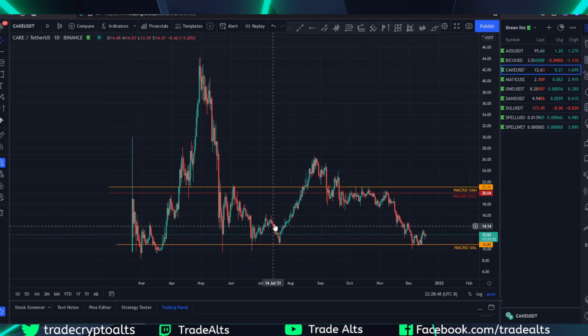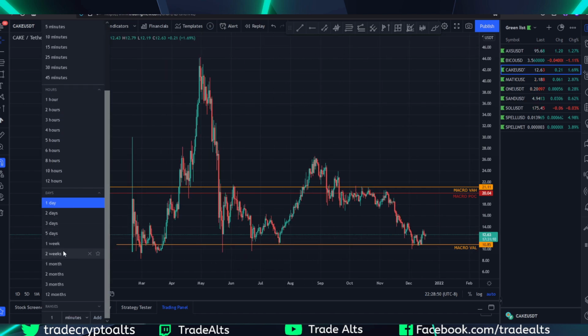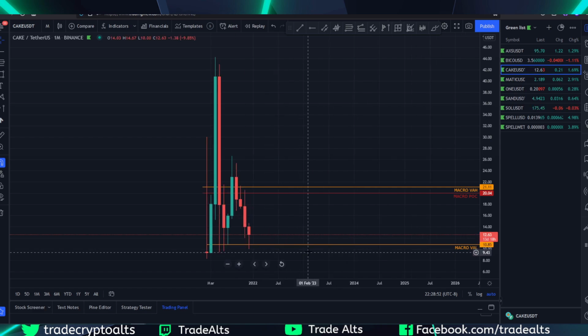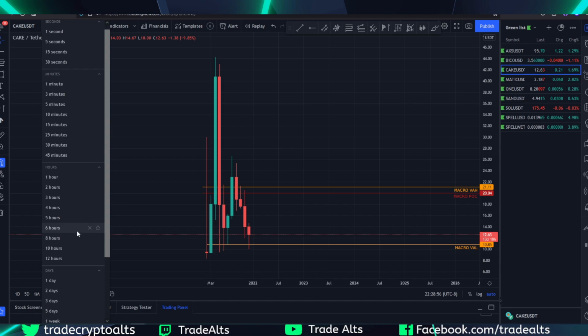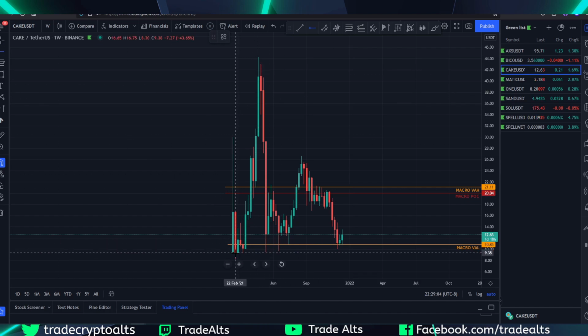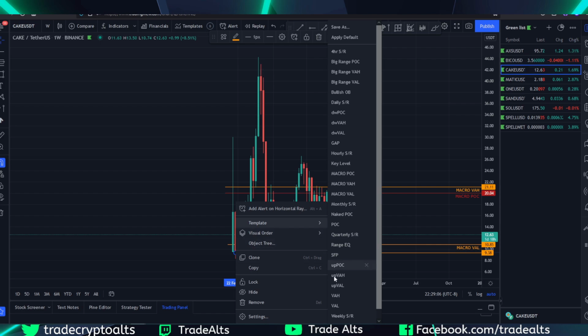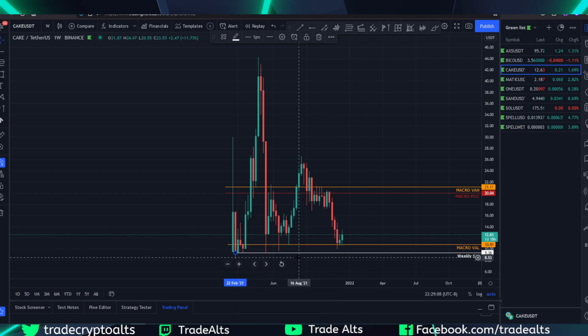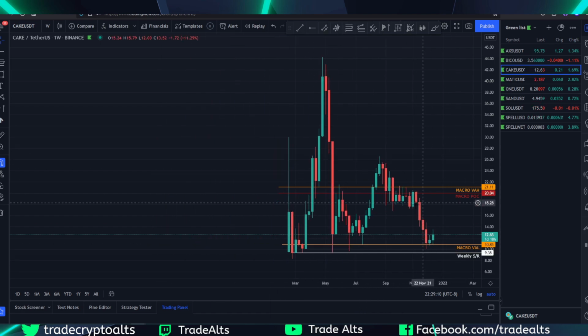So anyway, here is a pretty good weekly level. This is one of those key level situations.